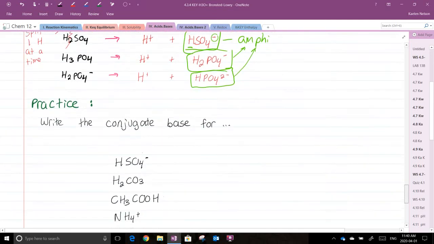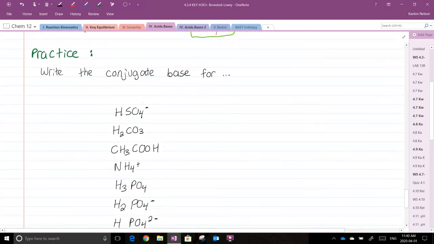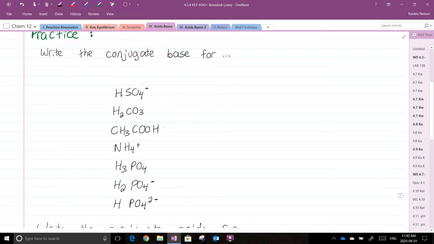We're going to finish today by doing a little bit of practice of you writing conjugate acids and conjugate bases. I will do the first couple of them with you, and then we'll pause the screen and you can try to do a few on your own. So my question has, write the conjugate base for HSO4 minus.